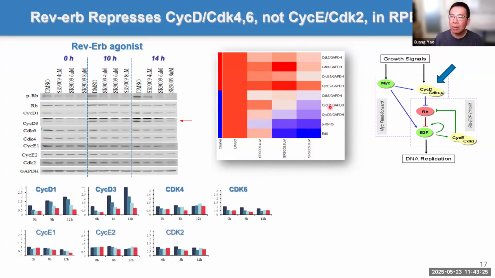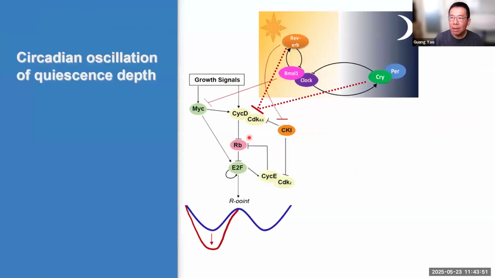But then they are linked to cyclin D1, D3 activity and CDK6 activity, but not cyclin E and CDK2. So it's very similar targeting by the same drug in a different cell type. We are now testing the Cry agonist, but so far everything holds very nicely.